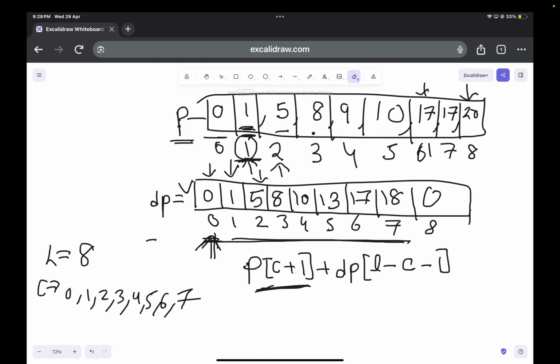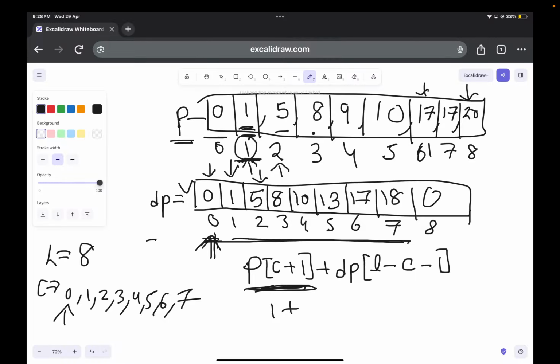Okay, if we understand, then it is fine. So first of all, I will check 0. So 0 means cut 1 actually. So price of 0 plus 1, 0 plus 1 is 1. So what is the price of cutting 1? Tell me fast. 1.